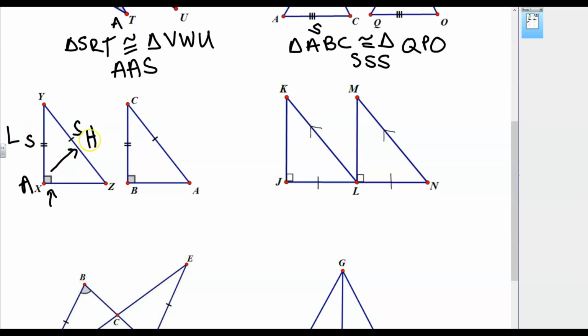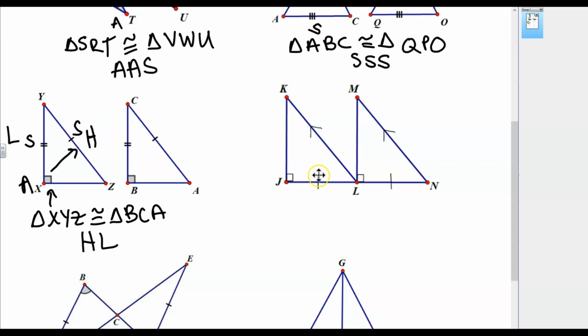So what I have here is actually HL. So these are congruent. So I can say that triangle XYZ is congruent to triangle BCA by hypotenuse leg, by HL. All right, let's look at this next one.